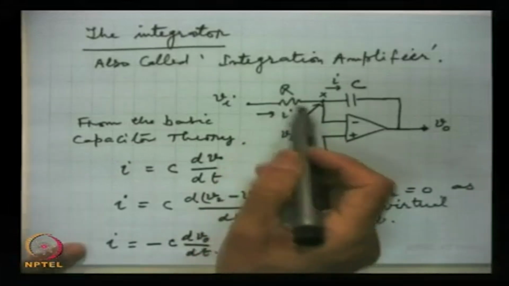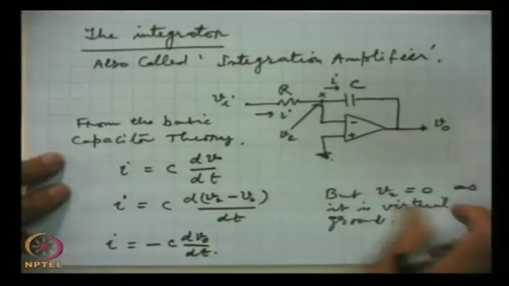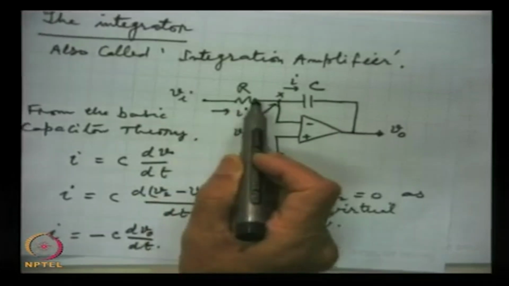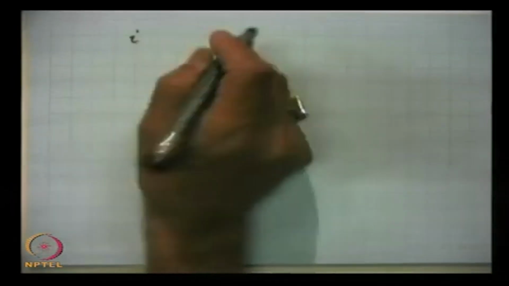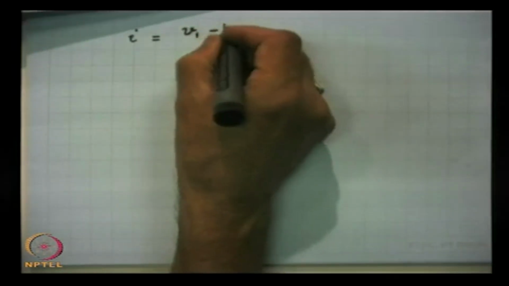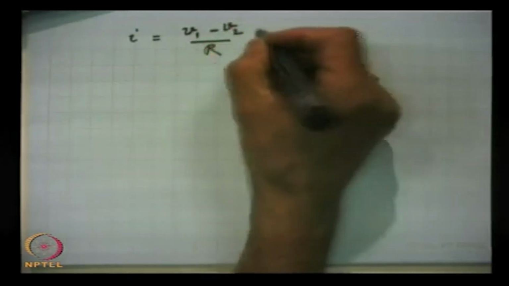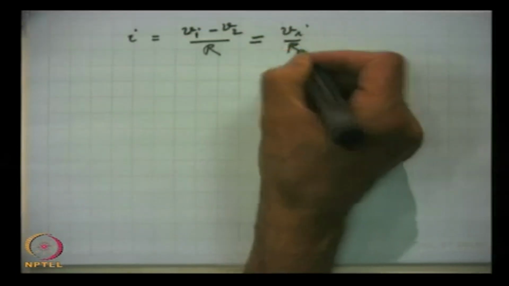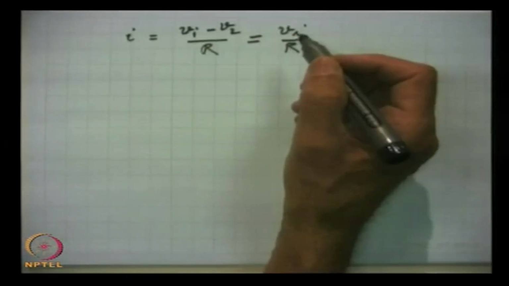and I, this is the same as this I. So I is obviously here (Vi minus V2) by R. I is equal to (V1 minus V2) by R. V2 being 0 is equal to Vi by R. This is I. So this I we substitute in this expression.